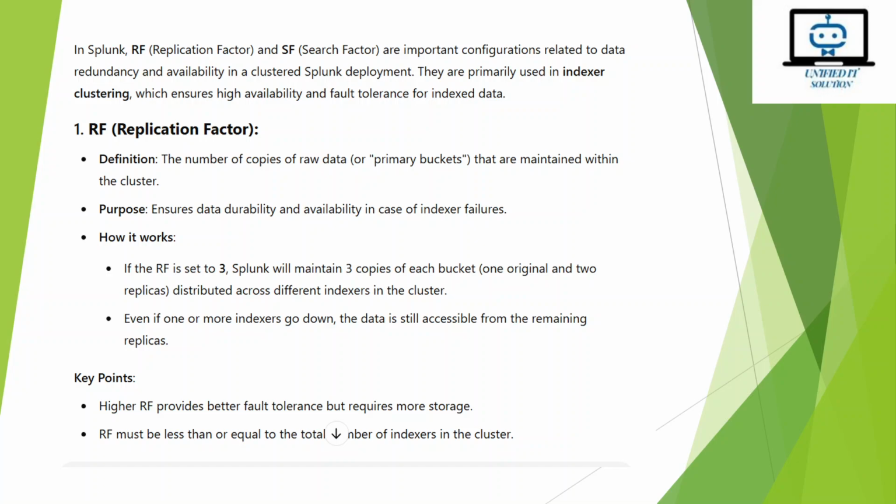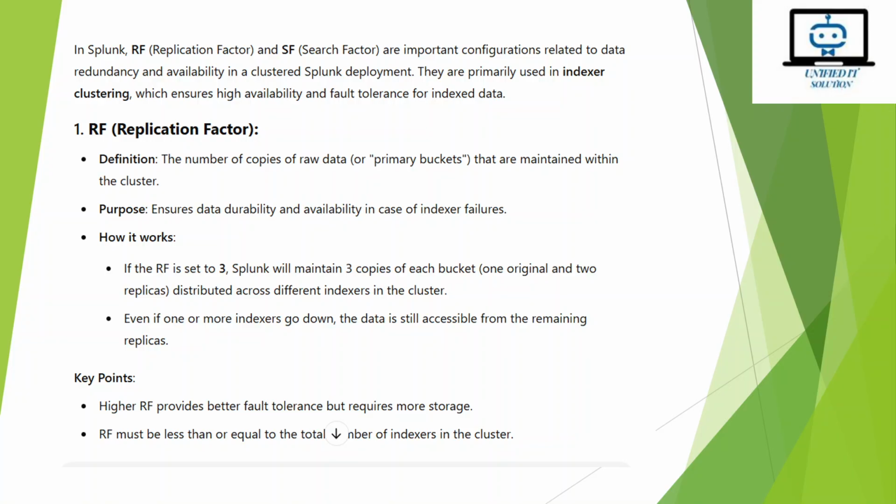The definition says it is the number of copies of raw data, or the primary bucket, that are maintained within the cluster. The purpose is to ensure durability and availability in case of indexer failure. How it works: if RF is set to 3, Splunk will maintain 3 copies of your data, 1 original and 2 replicas, distributed across different indexers in the cluster.